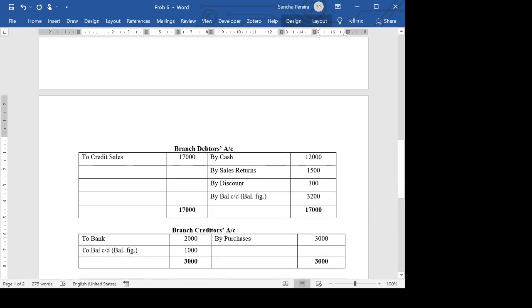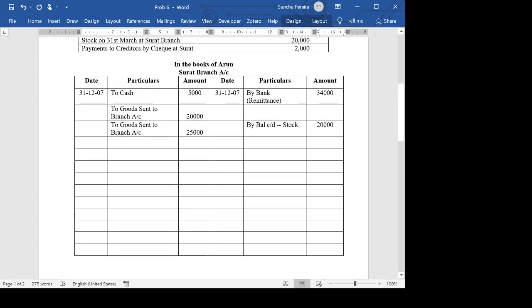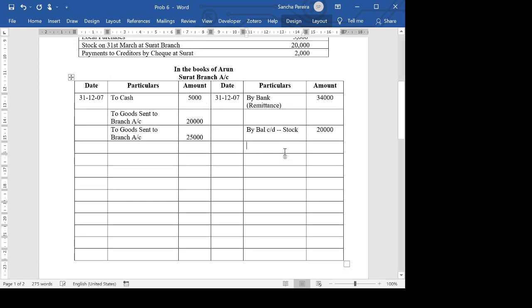So first, branch debtors by balance carried down. Debtors closing balance will be 3,200. Cash in hand, cash at bank. Creditors are not going to come this side. Creditors, it's a liability, so it will be on the other side.